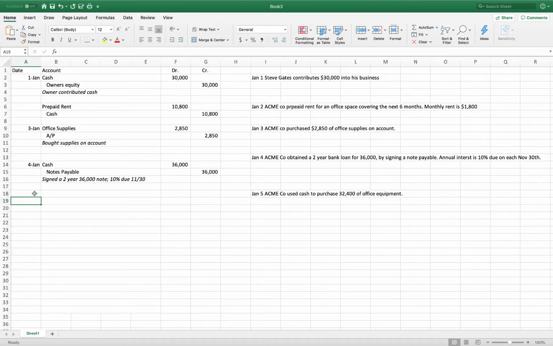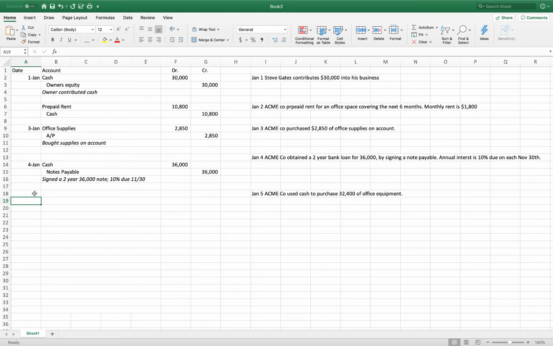Okay? What's happening here? Well, I got to analyze the transaction. Well, cash is an asset, right? I used cash, or I paid cash, so my asset is decreasing by $32,400. What did I get for spending that cash? Well, I got office equipment.